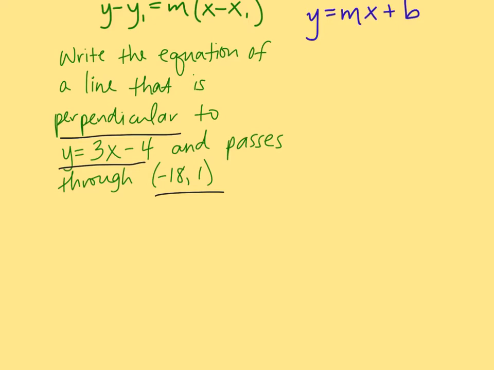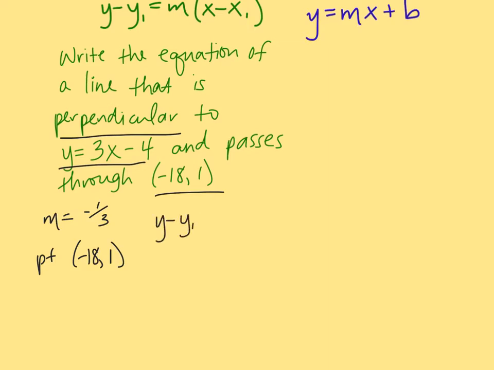So we're going to write this in point slope form. But first let's figure out what the slope's going to be, and we'll write out what the point is. The point's really easy. It's given. And then our slope is the opposite reciprocal of this slope because they're perpendicular. So our slope would be negative, and then the reciprocal of 3, 1/3, negative 1/3. Great, so let's fill out point slope form.